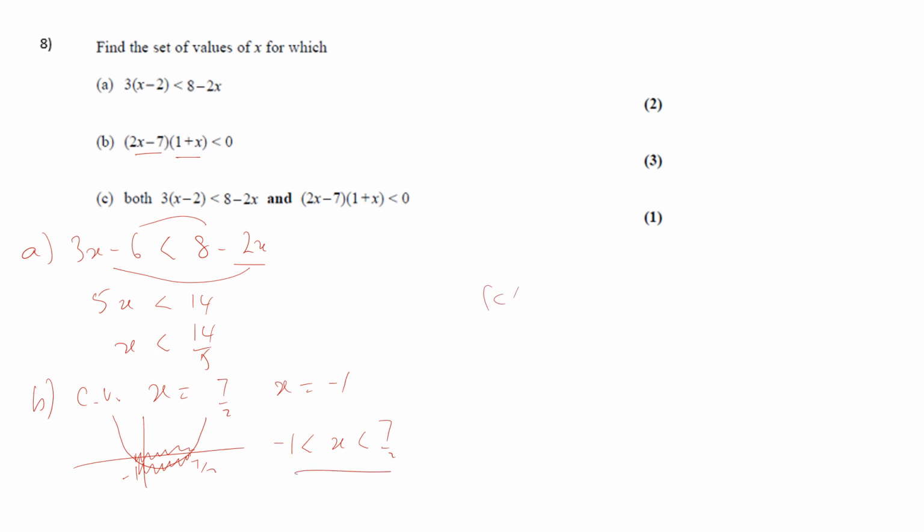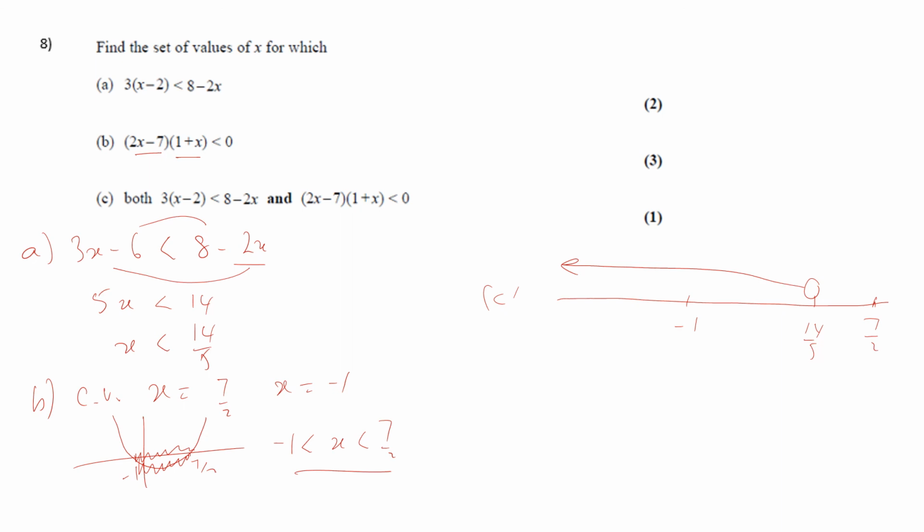Now part C, it's only 1 mark, but really what we should do here is draw a number line and put the two inequalities on there. So 14 over 5 is here. And from part A, x is going to be less than that, so that's going that way. And then for part B, you've got minus 1 here, 7 over 2, so that's 3.5, which is here.